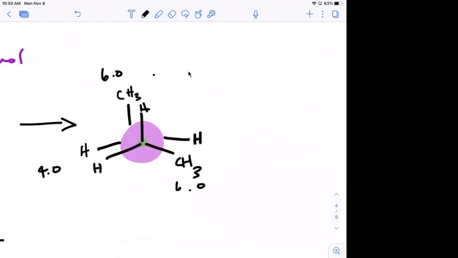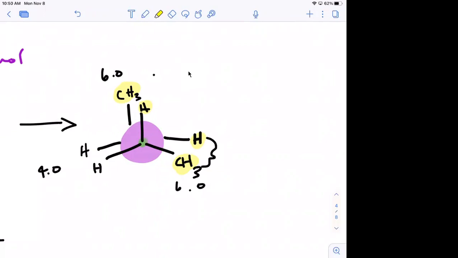Yeah, so this interaction right here is 6. It's the methyl hydrogen overlap. See how there's a methyl group there, and there's also a methyl group back here. And it's overlapping with a hydrogen here. Because you have a methyl on both the front and the back carbons, you're going to have that. So it costs 6 kilojoules per mole for those to overlap like that.